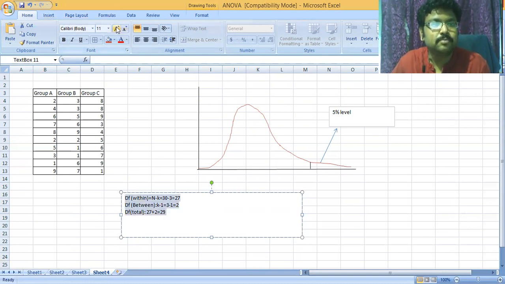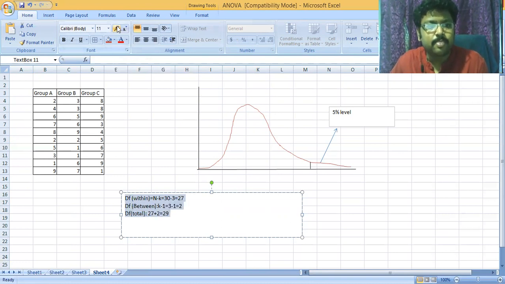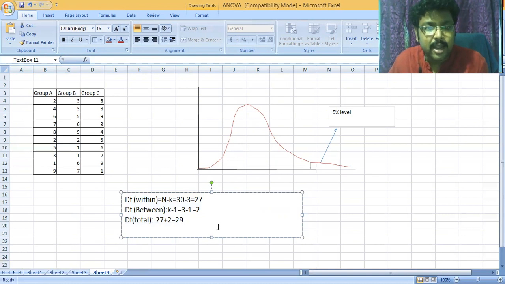Now look very carefully. We have to find the table value by using which we can compare our calculated F value. Our table value can be found by using the degrees of freedom between and degrees of freedom within.